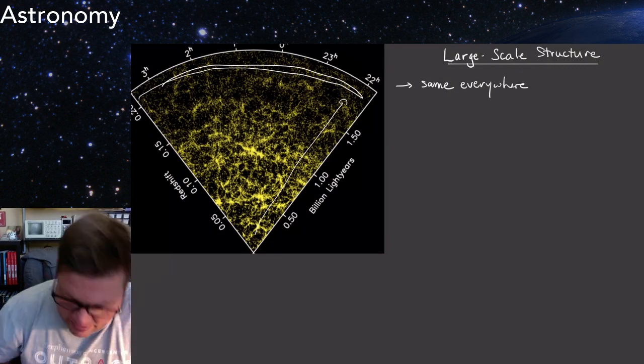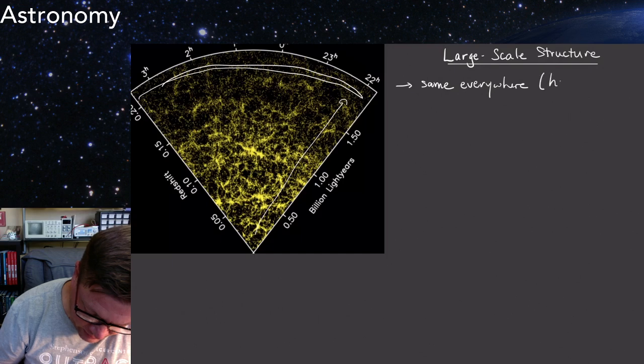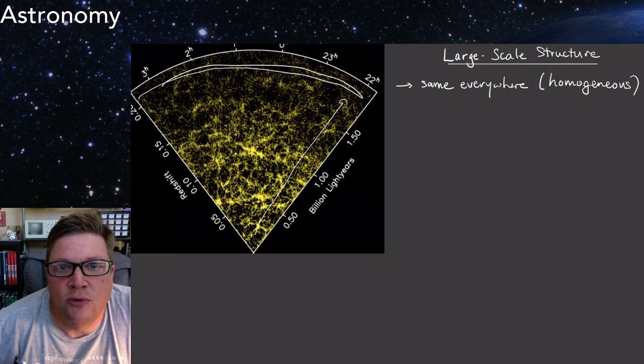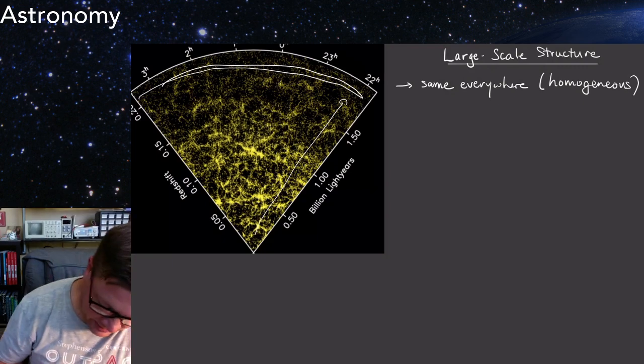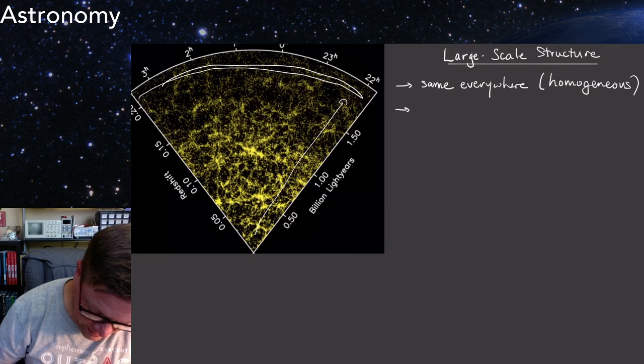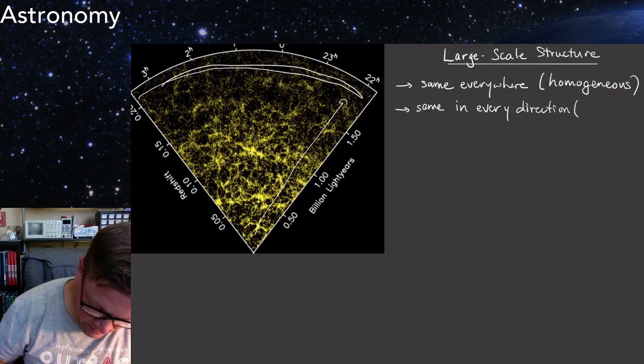everywhere. We're going to say that that is the same as homogeneous, and it's the same pattern in every direction. And we're going to call this isotropic.